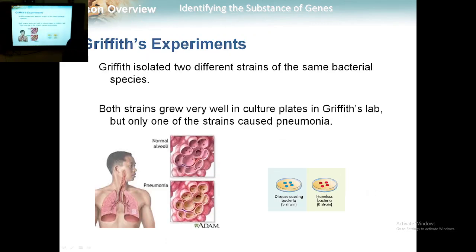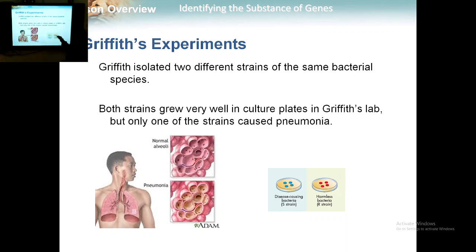The first experiments were done by Griffith, and this experiment is known as the bacterial transformation experiment, or the Griffith experiment. In the beginning, Griffith isolated two strains of bacteria in the same species: the S strain, or disease-causing bacteria, and the R strain, harmless bacteria.